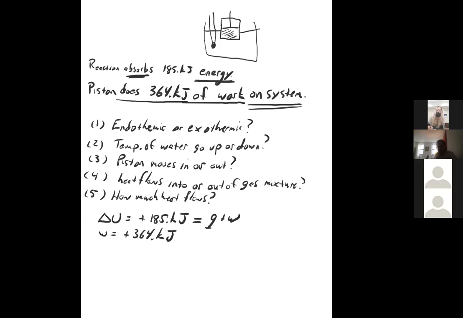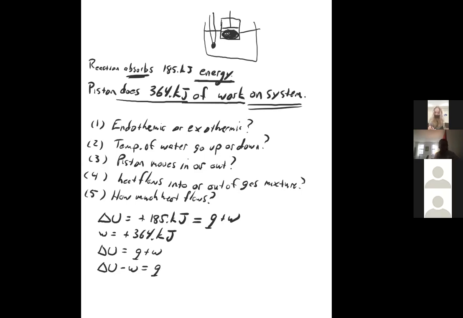When you do these calculations, you're really concerned about the system, which is the reaction of the gases. So now we know W is 364. So delta U is equal to Q plus W. Suppose we wanted to know what Q is. We would just subtract W from both sides.